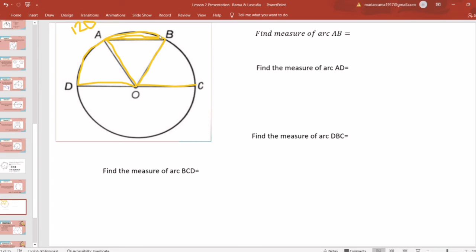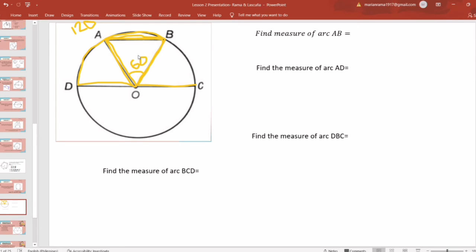By this, we form an equilateral triangle, and we know that each angle of an equilateral triangle is 60 degrees.